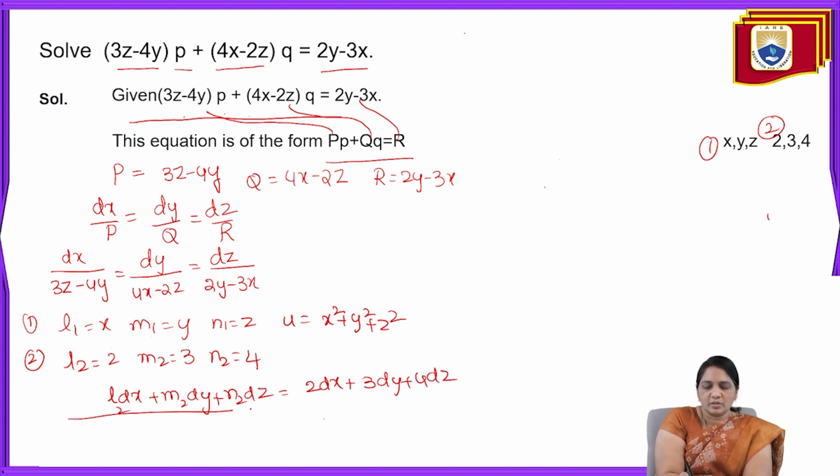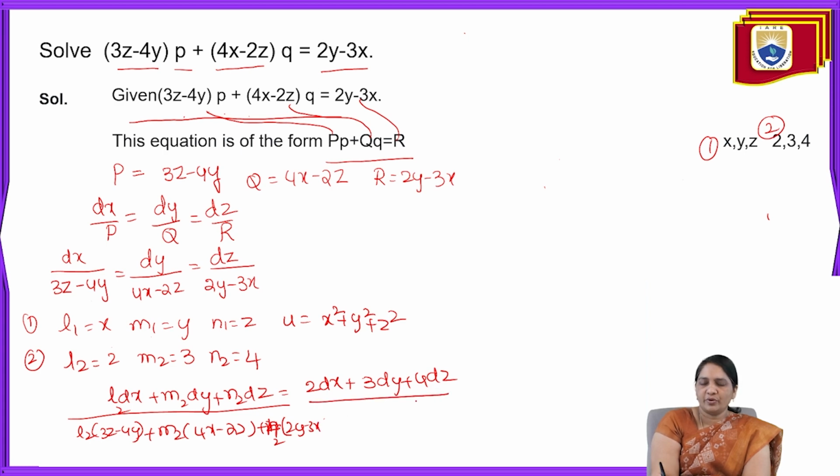So now the denominator: L2 into the given value 3z minus 4y, plus M2 into 4x minus 2z, plus N2, that is 4, into 2y minus 3x. Now I am going to calculate this denominator value.